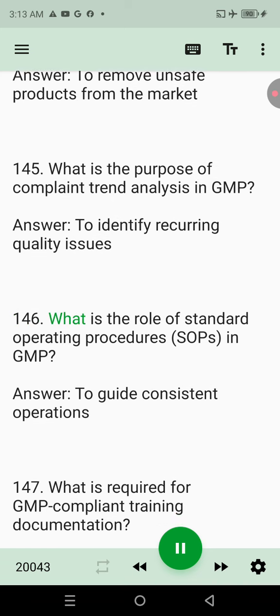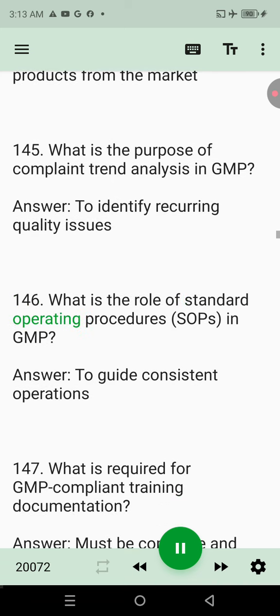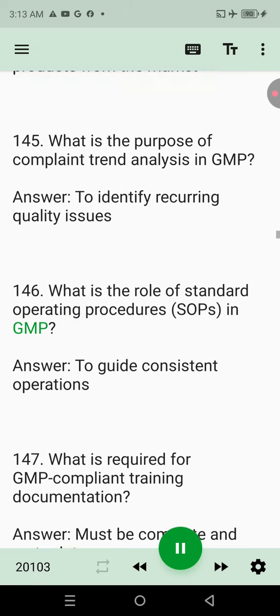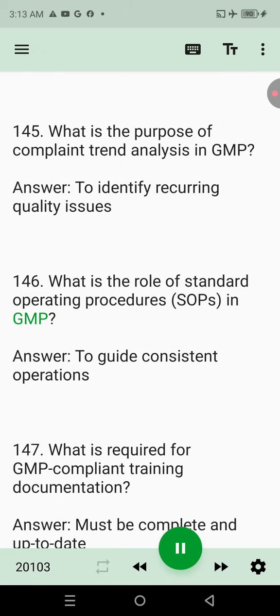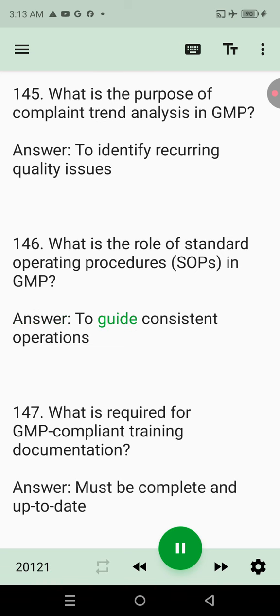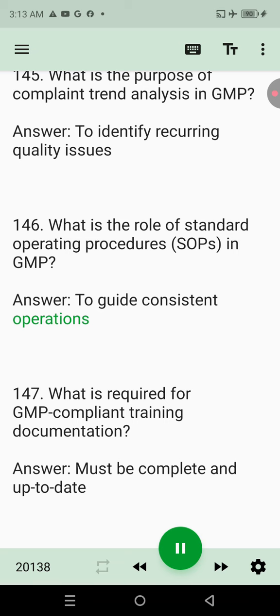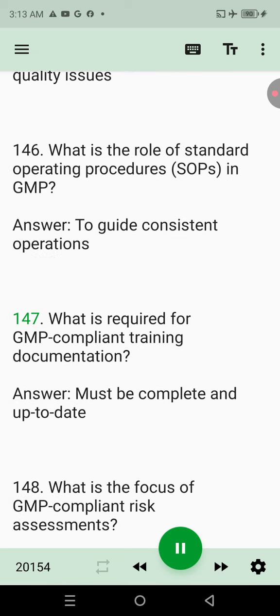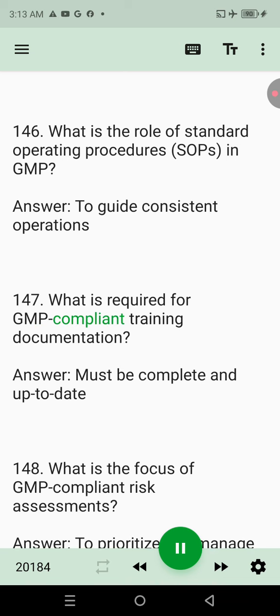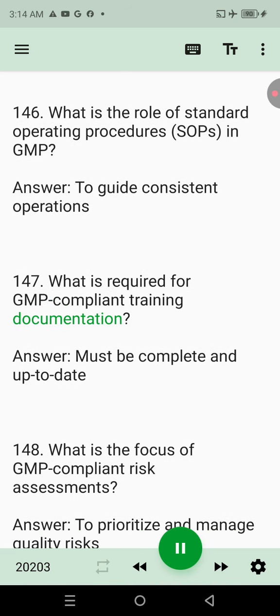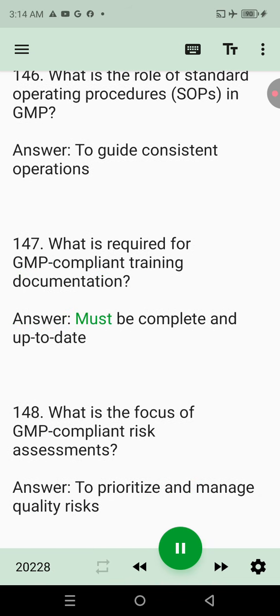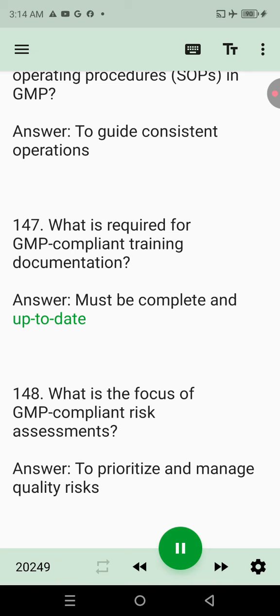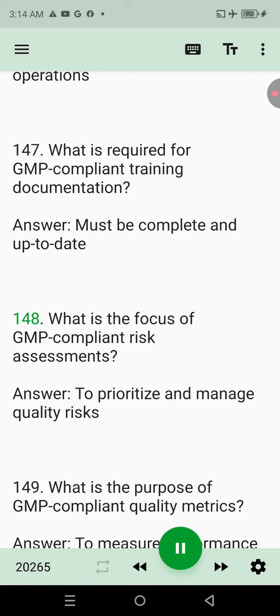146. What is the role of standard operating procedures (SOPs) in GMP? Answer: to guide consistent operations. 147. What is required for GMP compliant training documentation? Answer: must be complete and up to date. 148.